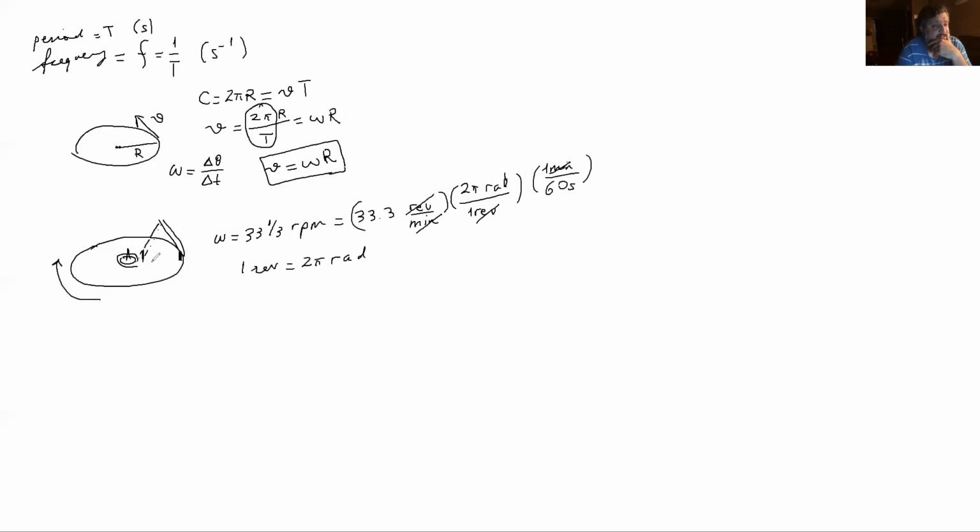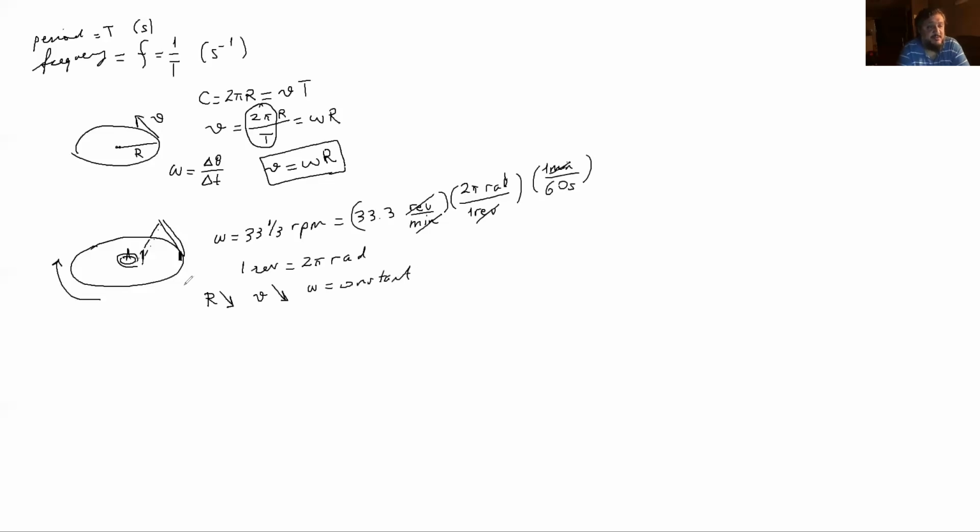But as the record goes on, you listen to the song, this needle gets closer to the center, which means R goes down. R becomes less and less. We're talking about the point of contact of the needle to the record. If R goes down, so does V. But omega is a constant.